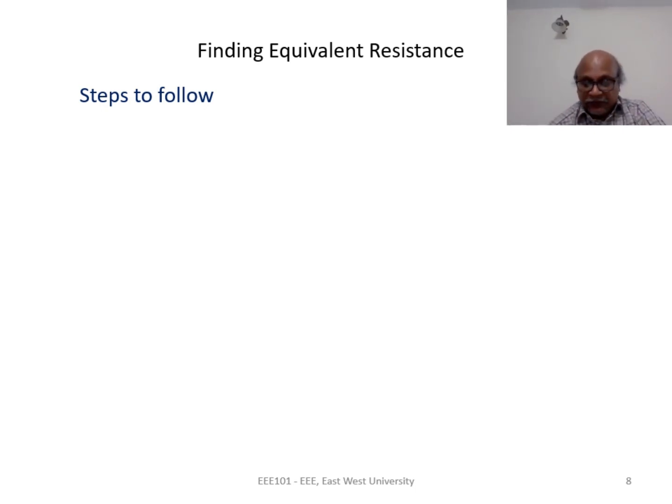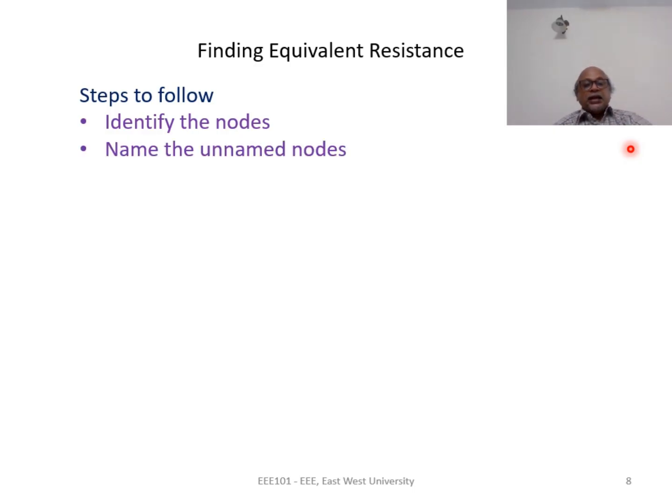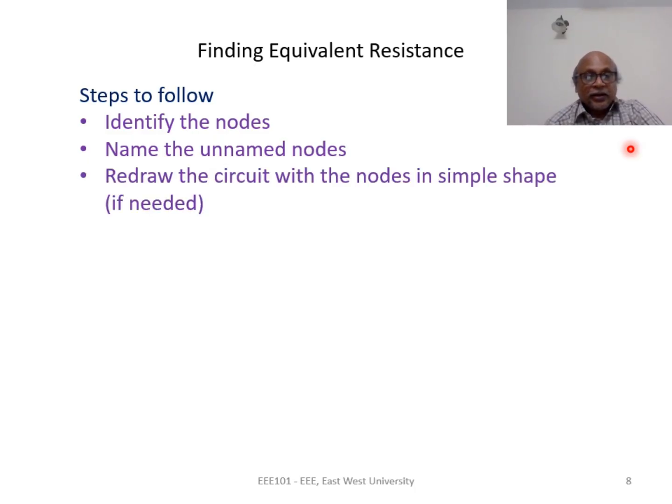There are some steps we will follow in finding the equivalent resistance. I can summarize the steps in this way. First, we will identify the nodes. Then we will name any node which is unnamed in our original circuit. Then we will redraw the circuit with the nodes in simple shape if needed. If in the original circuit no node is in a complicated shape, then this step is not necessary.